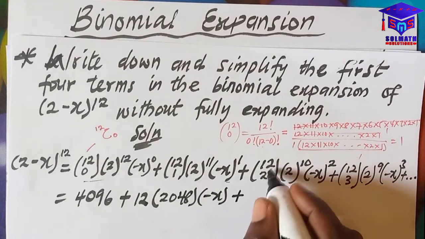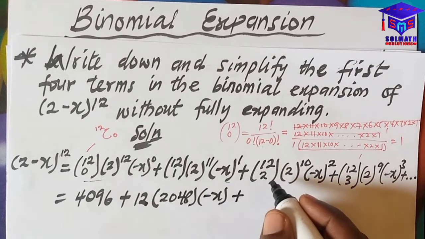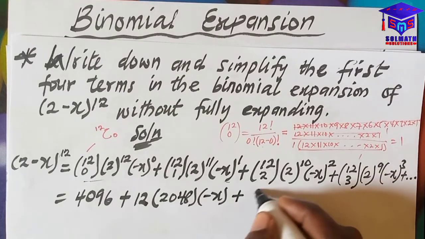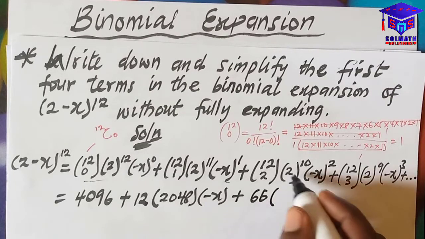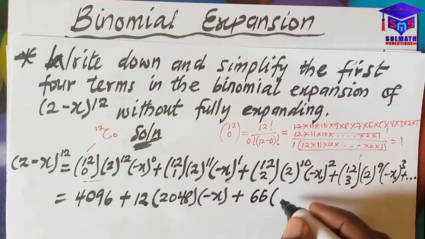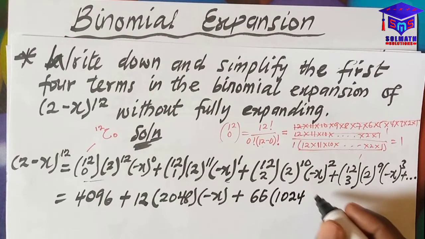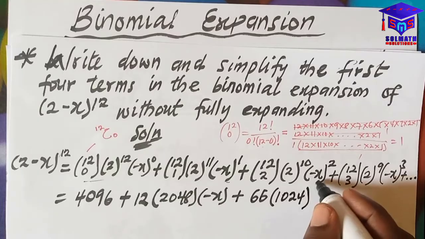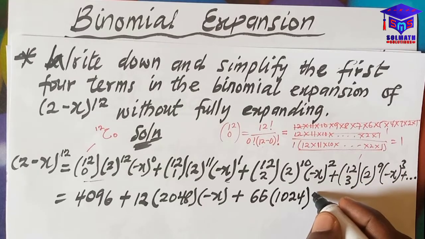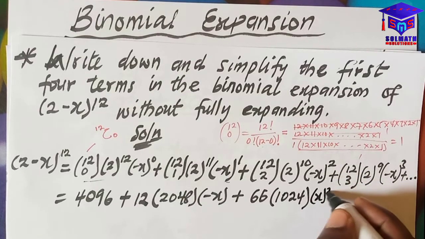Plus, when you come to 12 combination 2, you get 66 times 2 to the power 10, which is 1024, times negative x to the power 2, which gives us positive x squared.